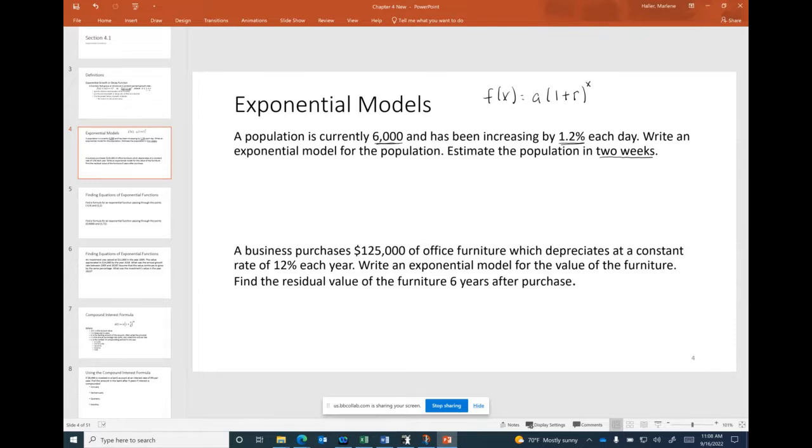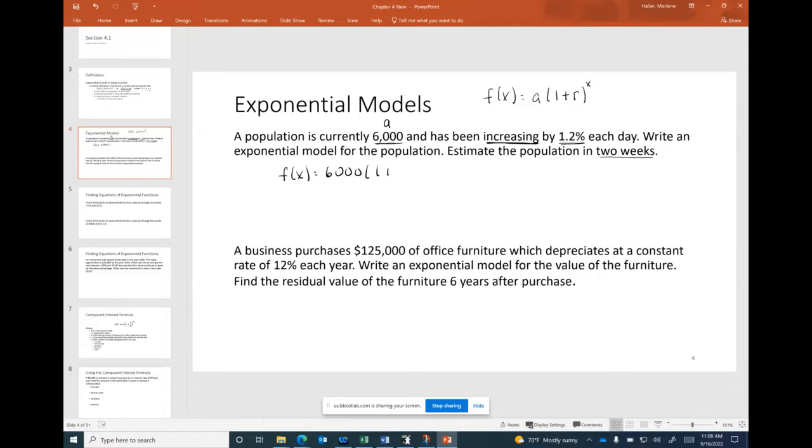All right, so for this population, it's currently 6,000, right? So f(x) equals, my initial value a is going to be 6,000, times 1, and is this growth or decay? This one is increasing, right?